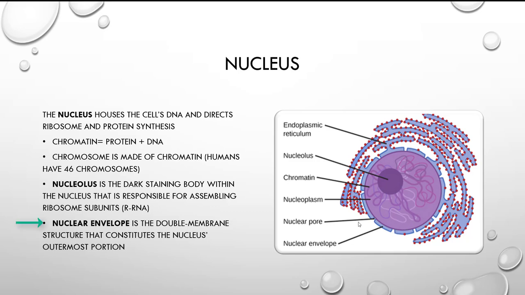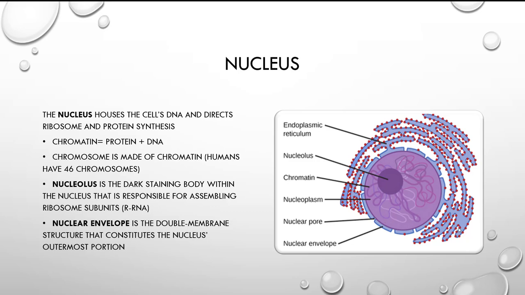On that nuclear envelope, you can see there are little pores that little pieces of RNA can squeeze through. We'll talk about that later on in chapters 9 and 10. But for now, we just have this nuclear envelope that's a double membrane that surrounds it. Okay, so that's the nucleus.